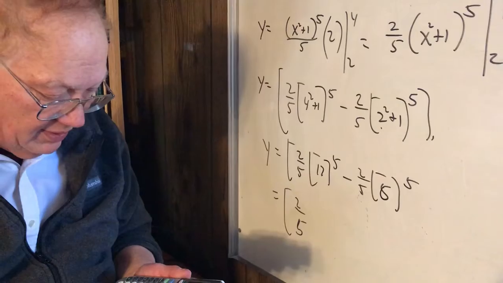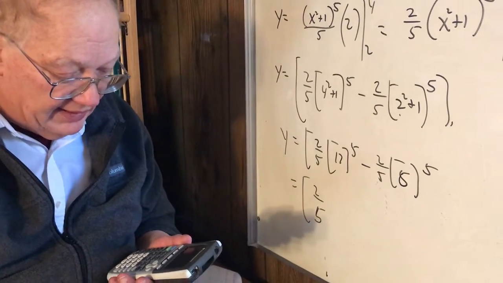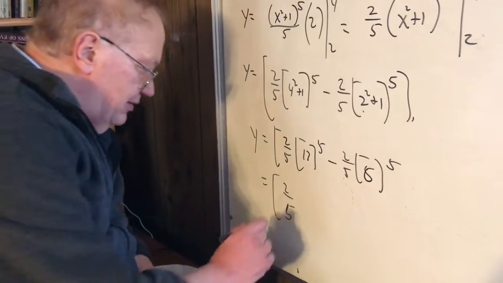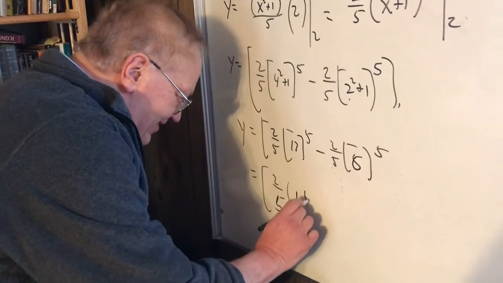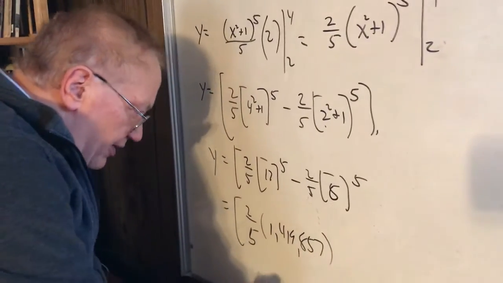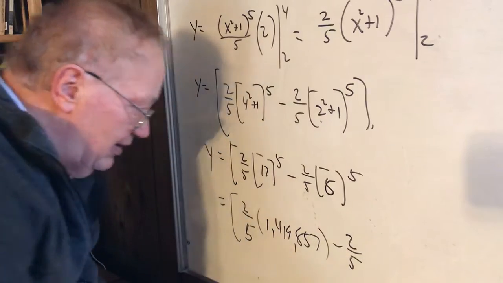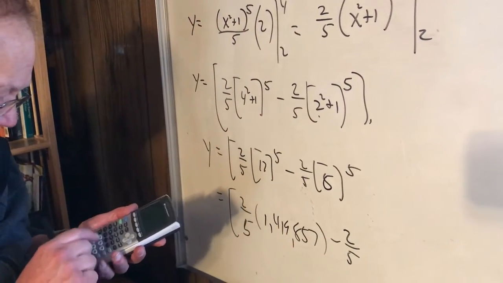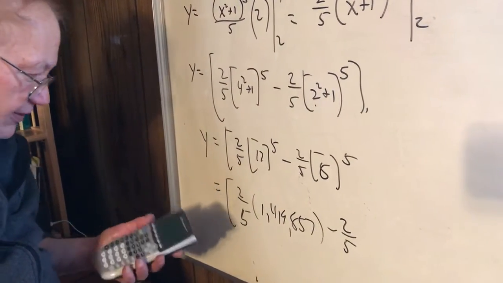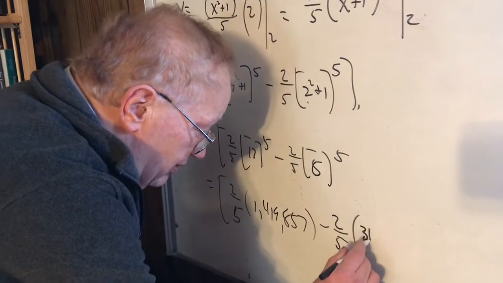That's going to be a very large number, 1,419,857. 5 raised to the 5th, I know what that is. It's 3125.